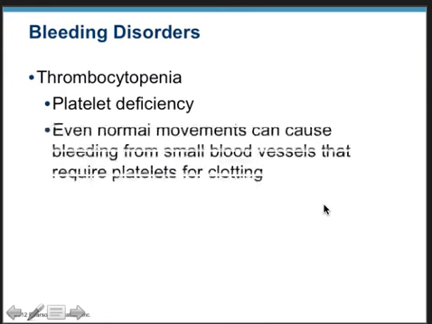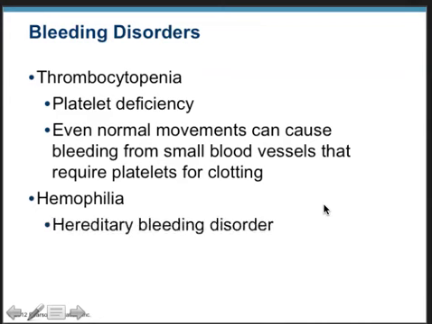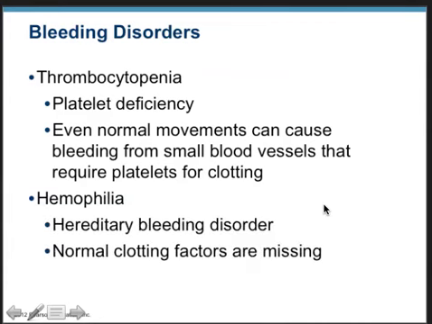In these individuals, normal movement can cause bleeding from small blood vessels that normally would require platelets for clotting. Hemophilia is a hereditary lack of one of these clotting factors, which results in continued bleeding at the site of an injury. And again, the only way to fix hemophilia is to supply the missing factor as an injectable or as an oral.